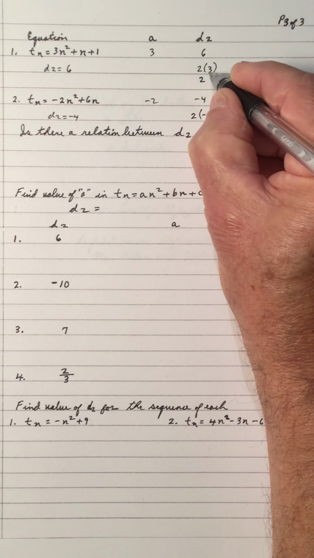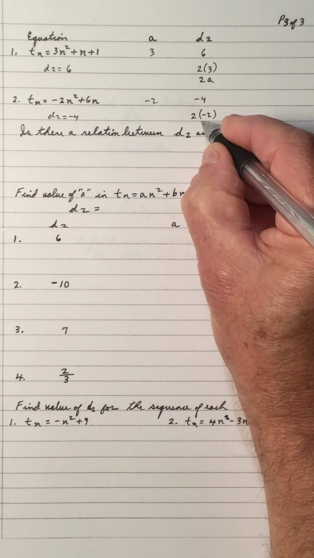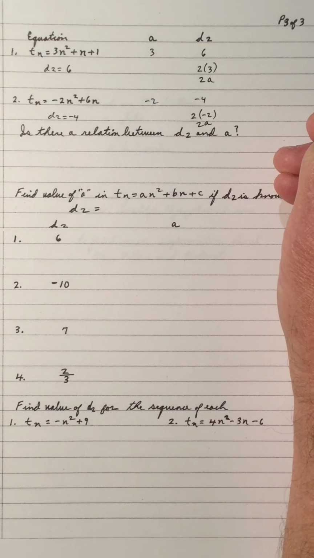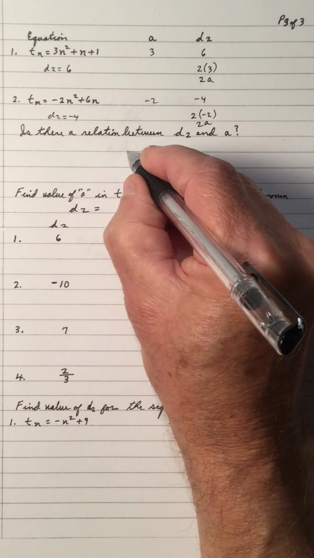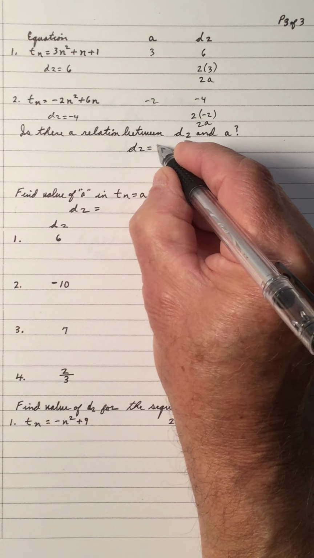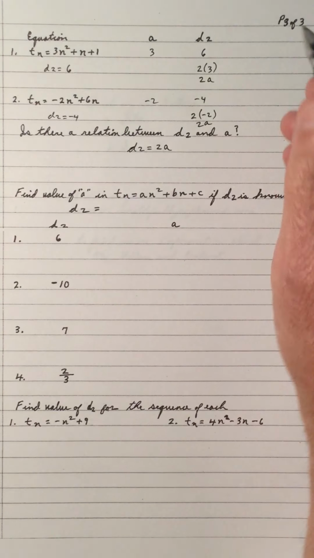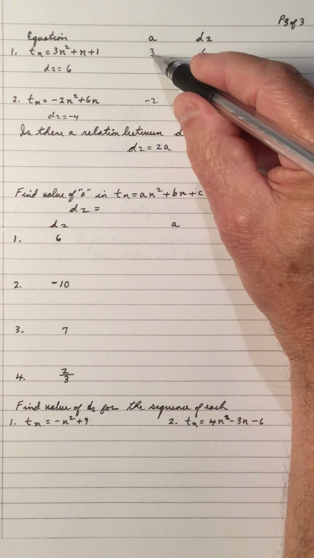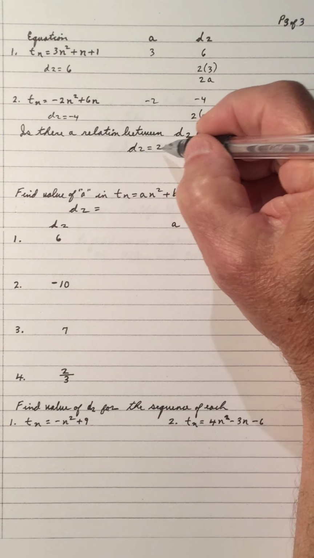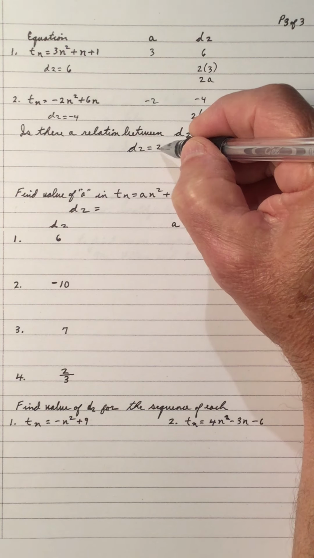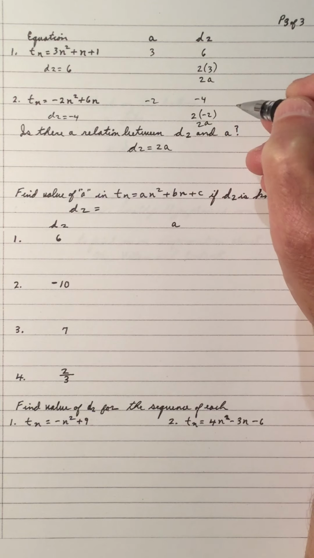So 3 is the A, and negative 2 is the A. So D2 is twice the A value. If A is 3, then D2 is 2 times A, which is 6. And if A is negative 2, 2 times negative 2 is negative 4.